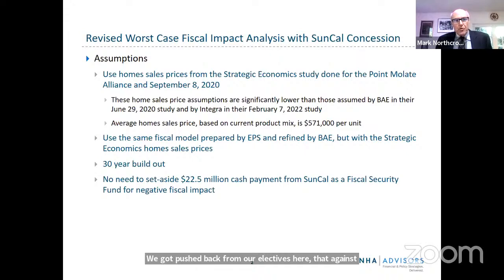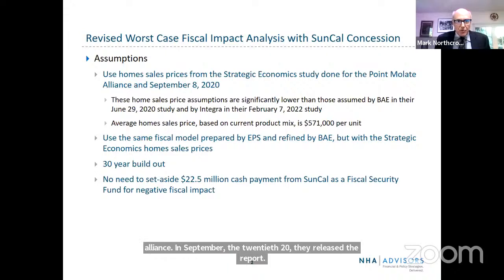And it turns out with this feature offered by SunCal, we believe we do not need that, okay? So we also wanted to analyze, again, looking at a 30-year build out using the Strategic Economics home sales prices. That was a very reputable firm retained by, I believe, the Point Melati Alliance. In September 2020, when they released the report, we have access to it. Again, thank you for providing that to us.